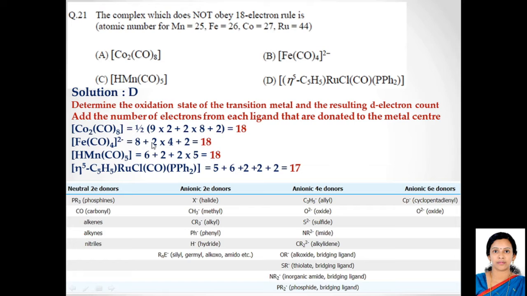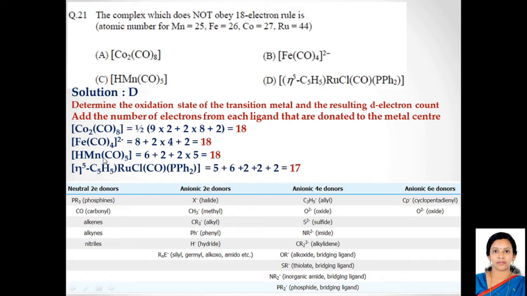So 8 plus 2 multiplied by 4, and then plus 2, because the overall complex has a 2 minus charge. After doing that, you will see that you get 18 electrons for this iron complex also.